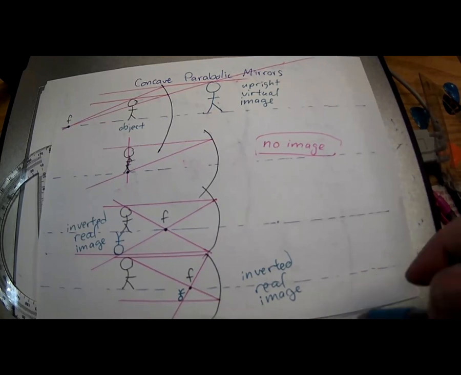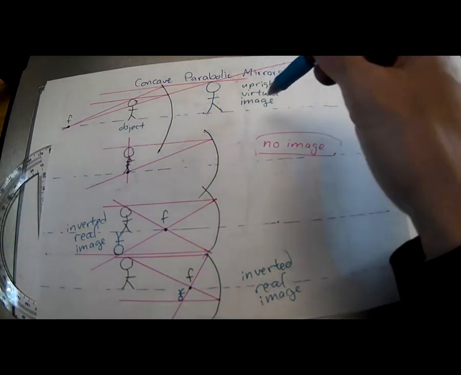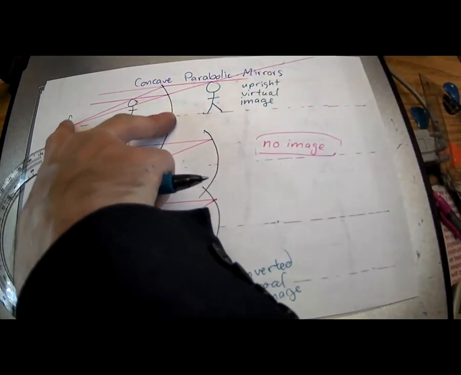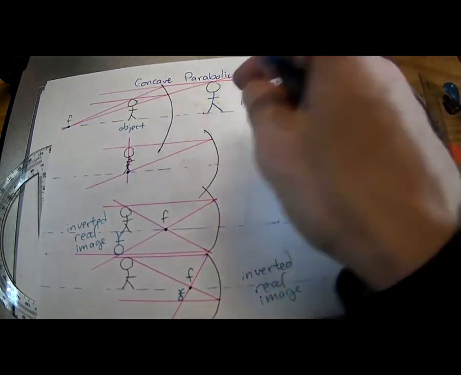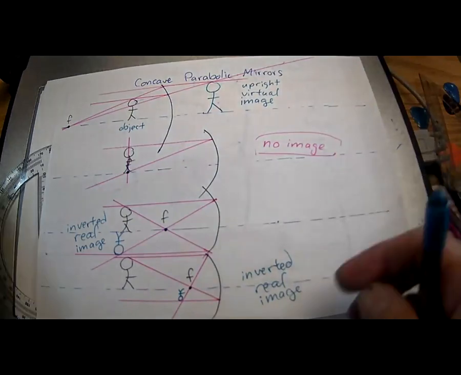And the only picture that aligns with that is which one of these? Yeah, the first one, right? Where the object is inside that focal length, which is exactly what you'd want anyway. I mean, that's the whole point of this kind of mirror, right? Is to blow up the image and make it really big. So let's do a ray diagram for this, and then we'll apply this equation and see how close it lands.